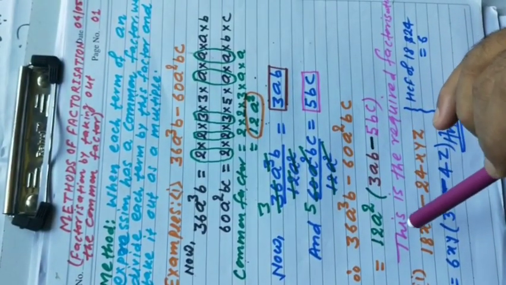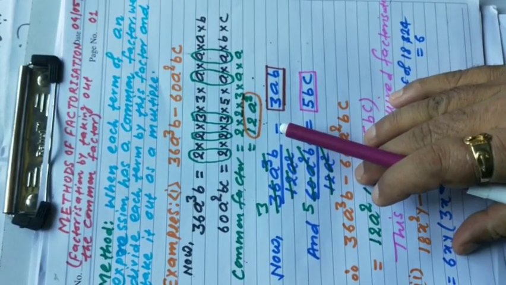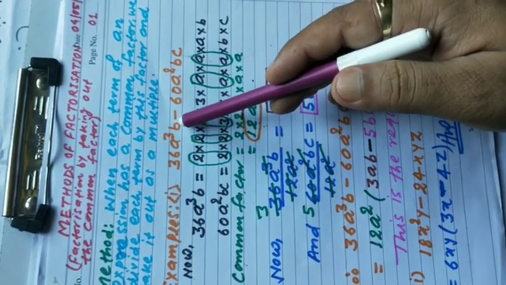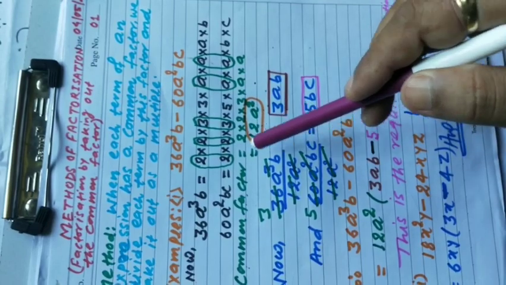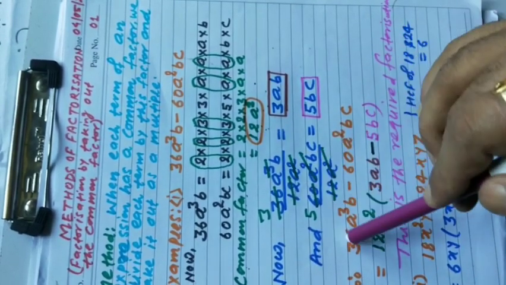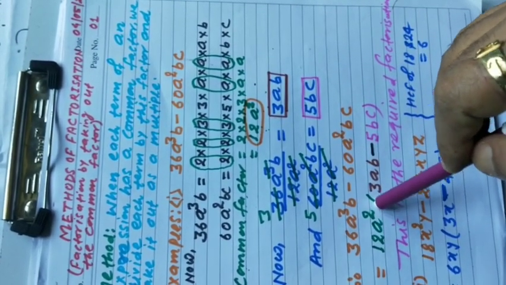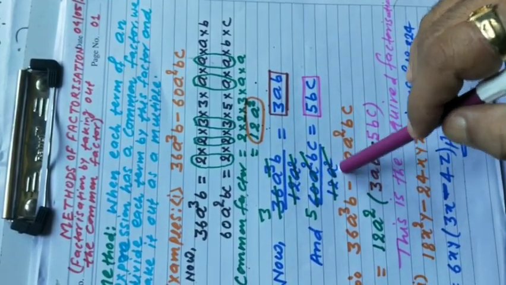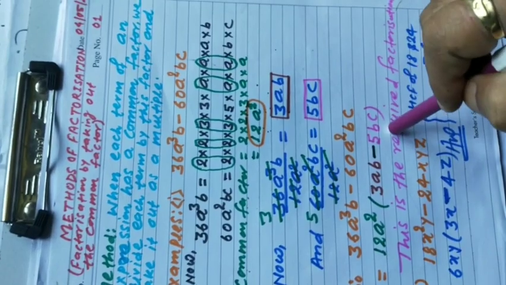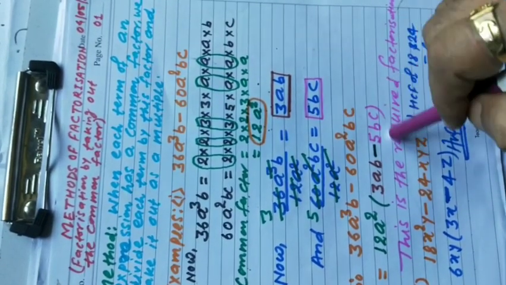So let us see another example. We have factorized it, we have found its common factor, and we have divided it, and then we have factorized it. You can do factorization in these two steps.